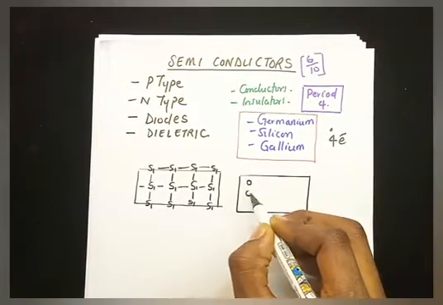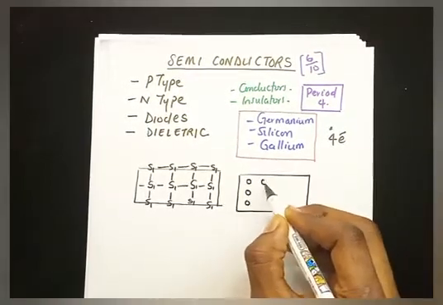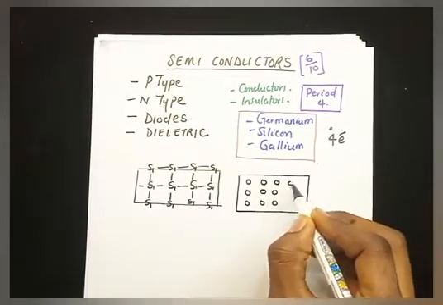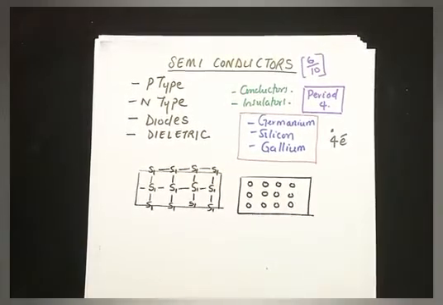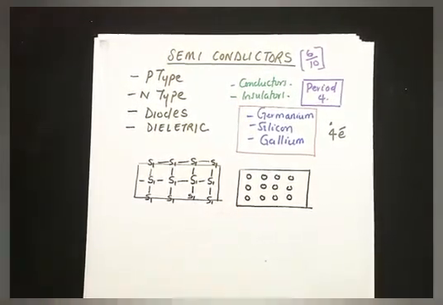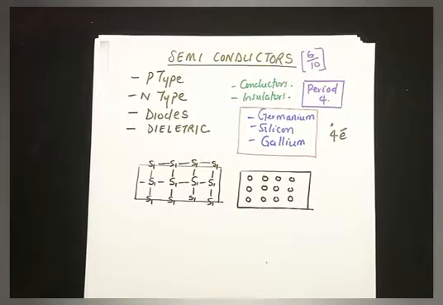Assume that this structure is represented this way. So this is how a semiconductor structurally looks microscopically.